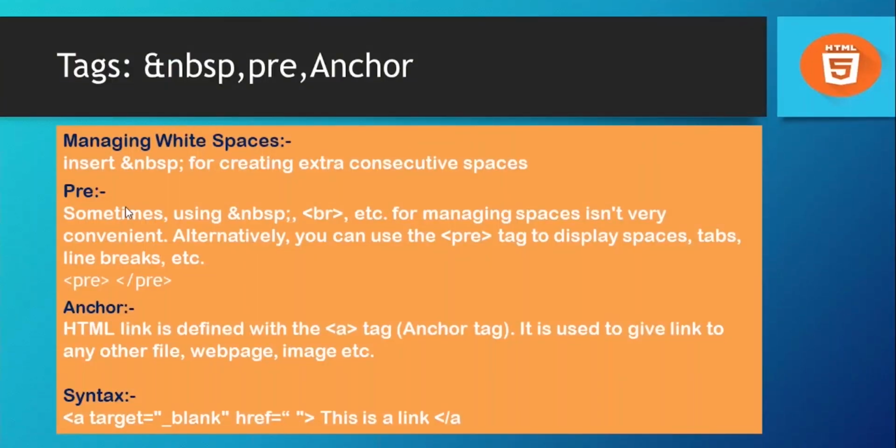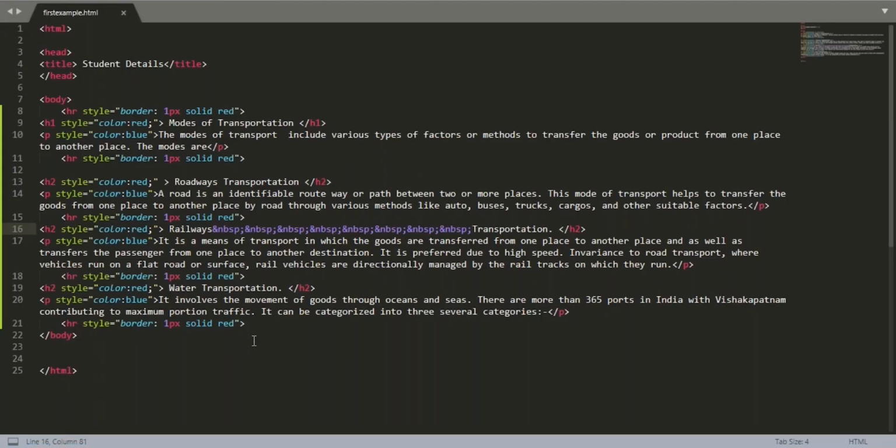Similarly, we have the pre tag. What is the use of the pre tag? Sometimes using nbsp and br extra, all these spaces become very inconvenient. So for example, I want to give some text in a format like this. In this paragraph I'm expecting the output like this.